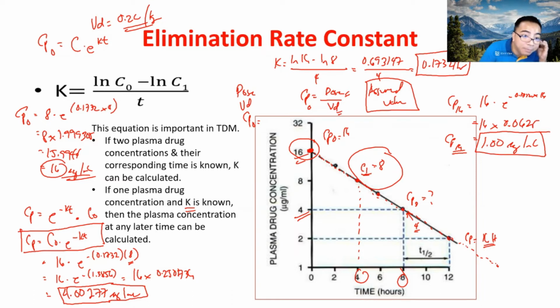Again, class, yung time dito would be the time of the C1. Okay? Kasi yun lang naman dito yung time natin dito. Right? Okay. So that's how you can get class CP sub 0. Again, there are 3 methods. Okay? 1, back extrapolation.